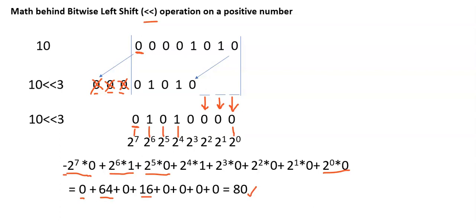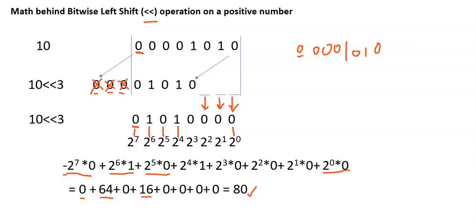And finally, one point. Whenever we are shifting values to the left hand side, now we assume that I am taking this value: 0, 0, 0, 1, 0, 1, 0. This is the value we have taken.